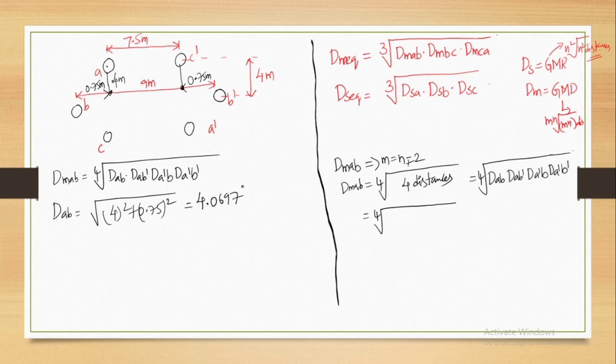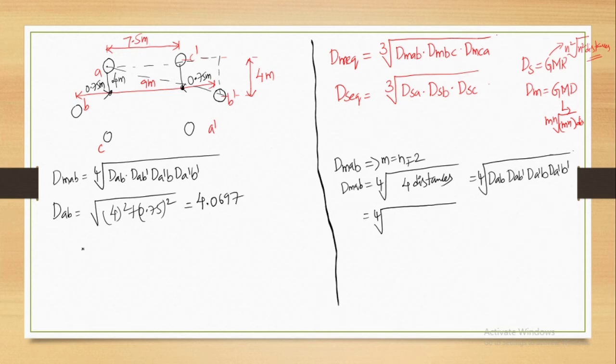Next distance is A to B dash. A to B dash distance can be determined by applying the right-angle Pythagoras theorem again. This is the triangle, right? What is this distance? 0.75. And what is this distance? 7.5. 7.5 plus 0.75 is 8.25.